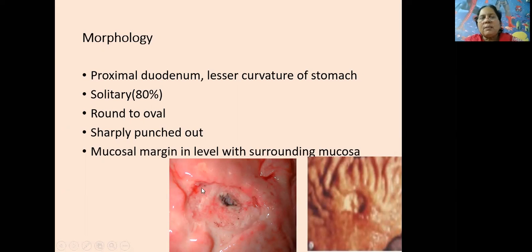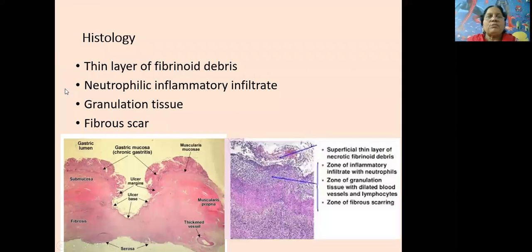This word should be there: sharply punched out, well defined. And when you see the histology, the mucosal margin is in level with the surrounding mucosa. Okay, that is a very important point.